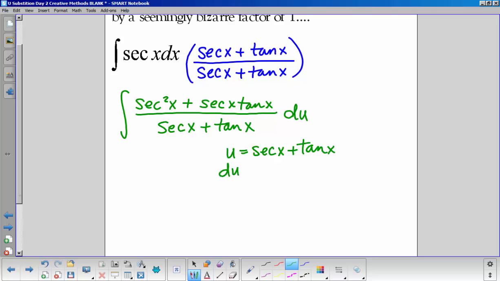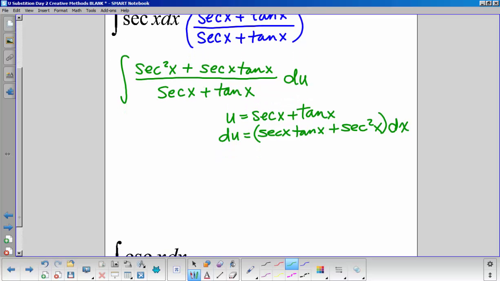And du will be secant x tan x. It doesn't matter which order, right? Because it's addition, and addition is commutative. Plus secant squared x, all times dx.